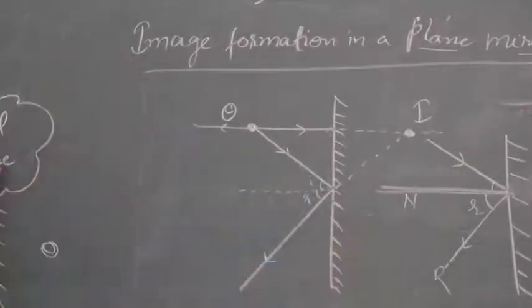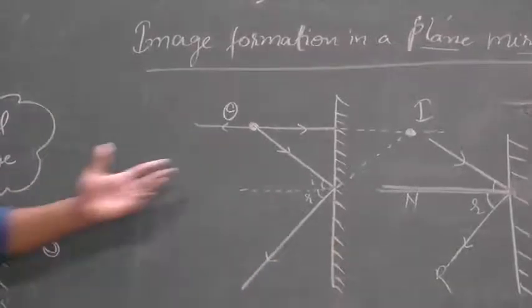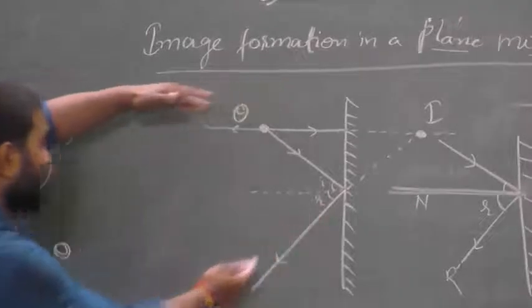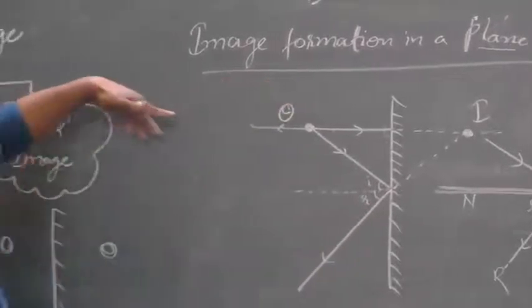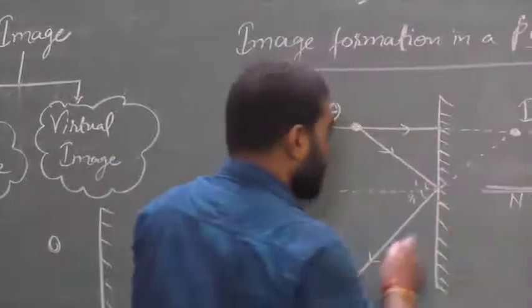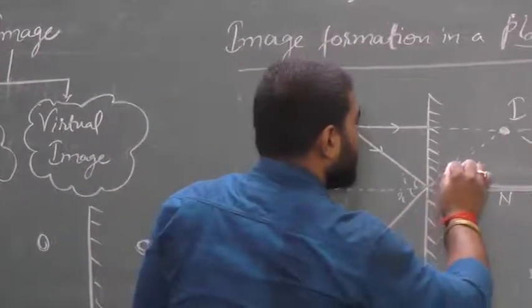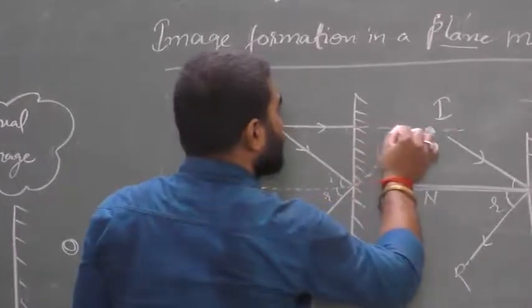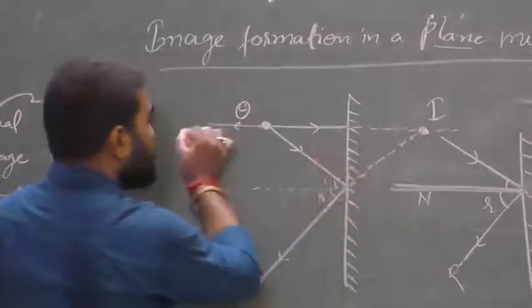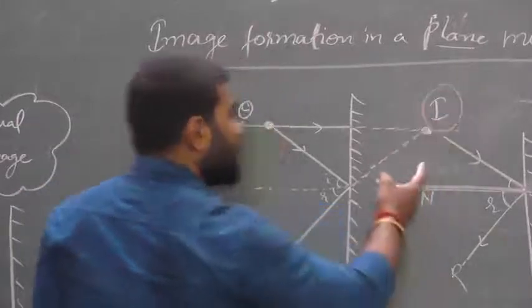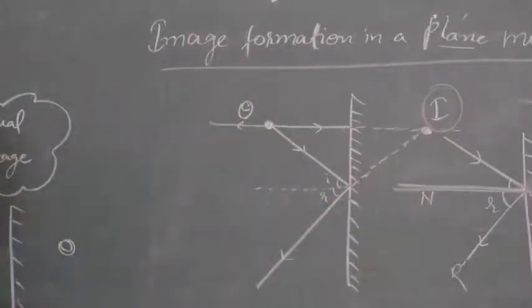This will be a virtual image, because the real reflected rays are not cutting here. They cut virtually. If the rays of light do not cut in a real way, then the image formed will be virtual.